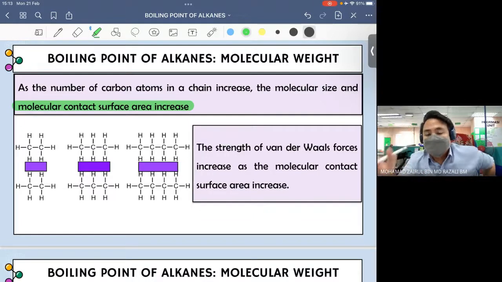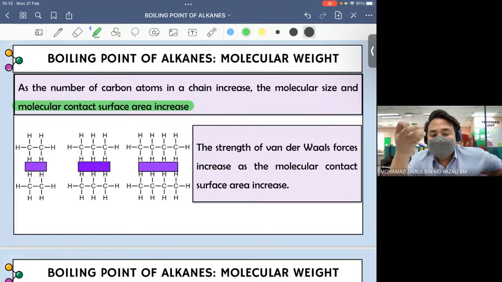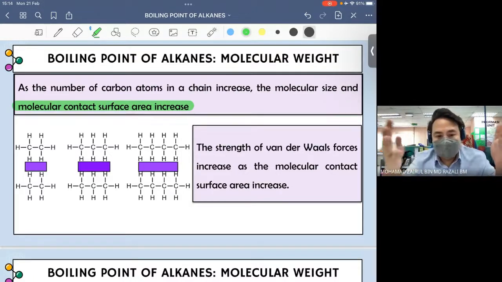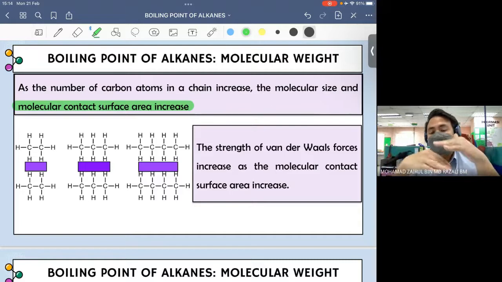Because intermolecular forces only form when the molecules are nearer to each other. The closer the molecules are located to each other, the stronger the intermolecular forces. Molecular contact surface area refers to the size or surface area taken when the molecules are close to each other.